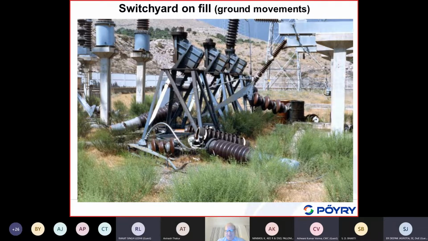So somebody who understands the dynamics actually has to look into that, because we have these ceramic insulators located on freestanding columns, and under ground shaking, with a high center of gravity, they overturn.